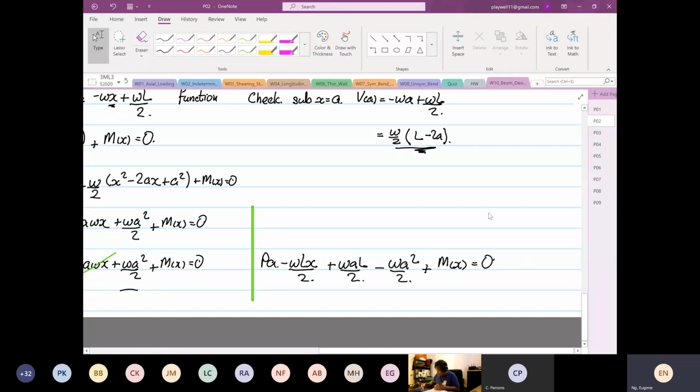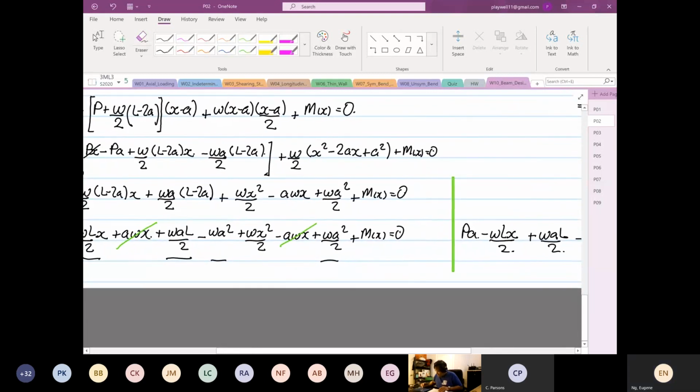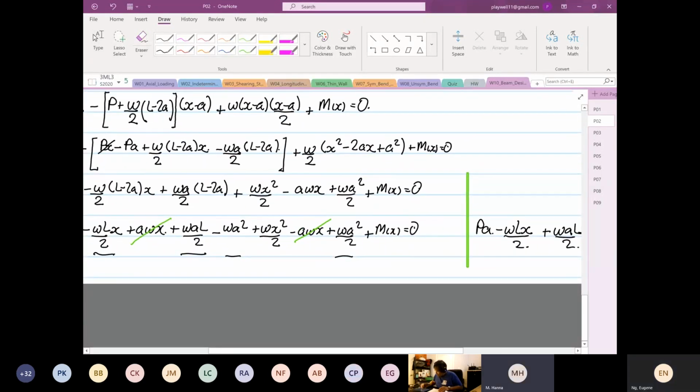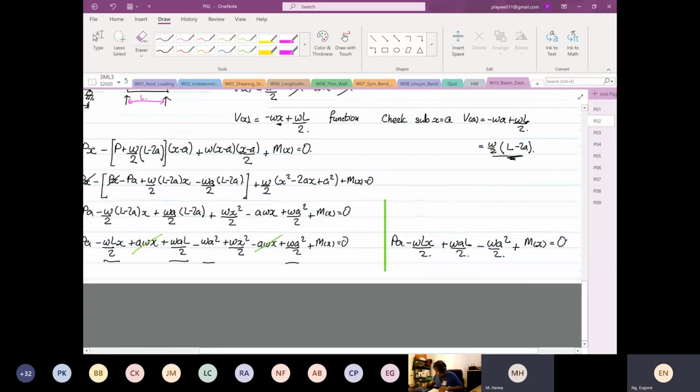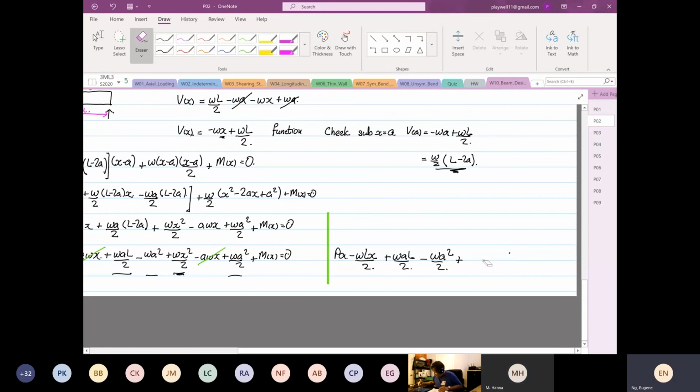I think I'm missing something somewhere. You are missing wx. Yeah, I was hungry, thank you. So plus omega x squared over 2 plus M as a function of x is equal to 0. Okay, so we're going to tidy things up. I'm almost done.